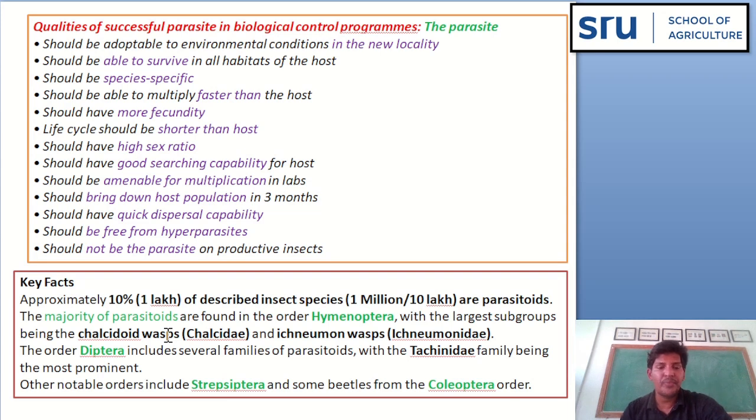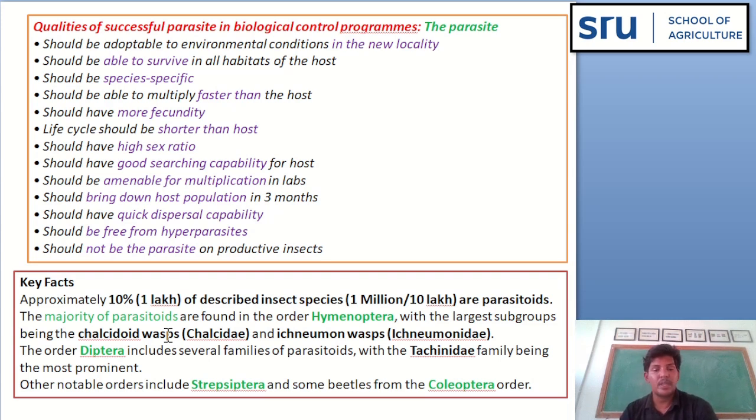See here key facts. Approximately 10%, that is 1 lakh, of the described species of 1 million, that is 10 lakh species, are described. Out of 10 lakh, 1 lakh species are parasitoids.